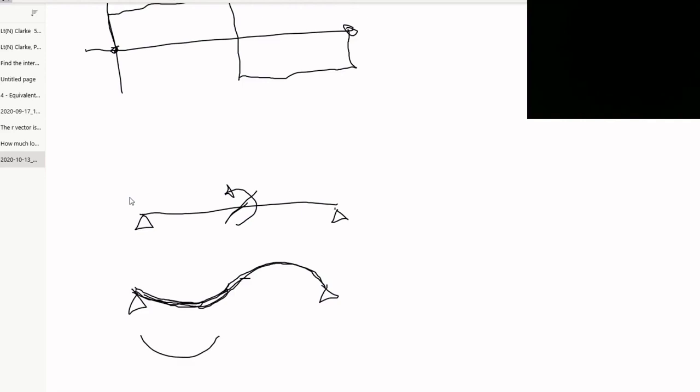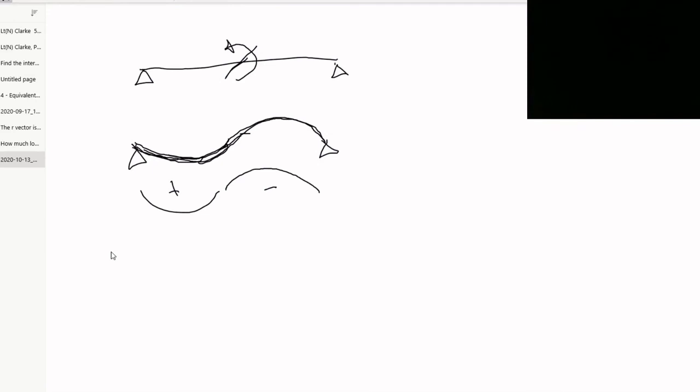Once we hit the center point, it switches over to starting to curve downwards. So positive on this end, negative on this end.